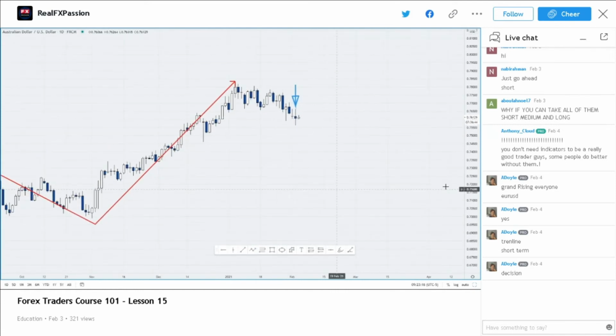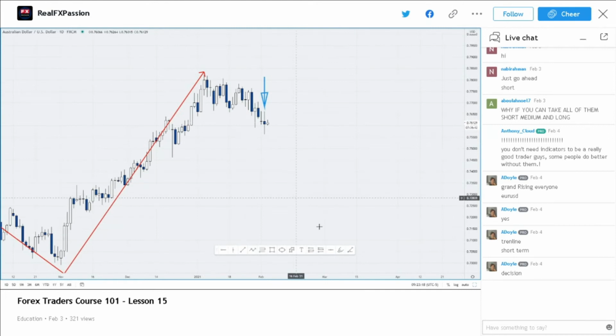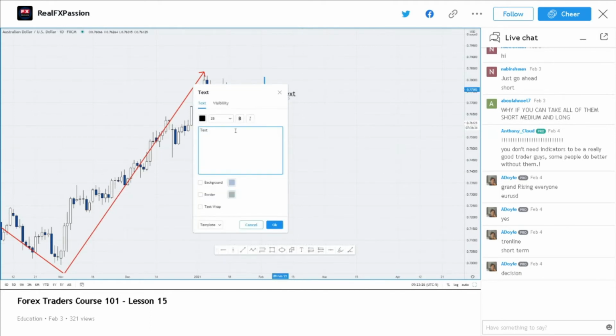and the daily is our confirmation time frame. So here is, as beginner traders, the thinking process: points to go short and points not to go short, right?